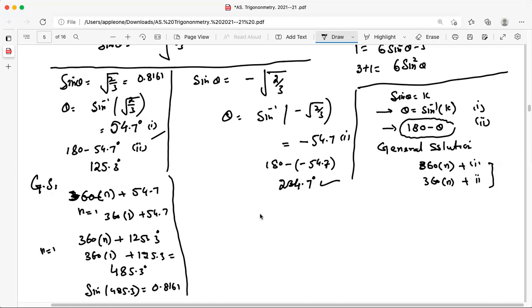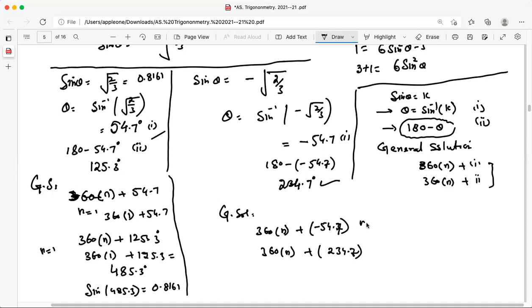Now, for the general solution, 360n plus minus 54.7, and 360n plus 234.7.